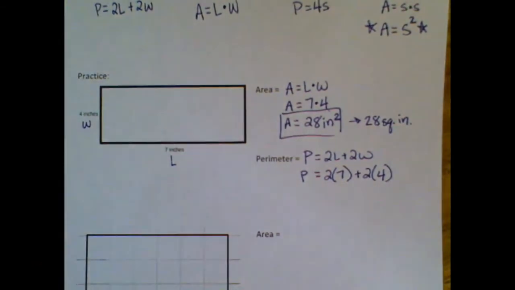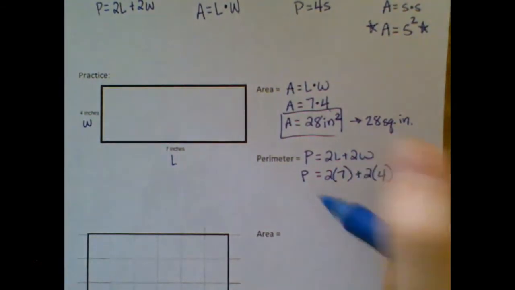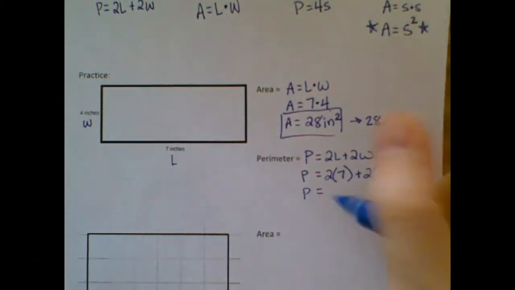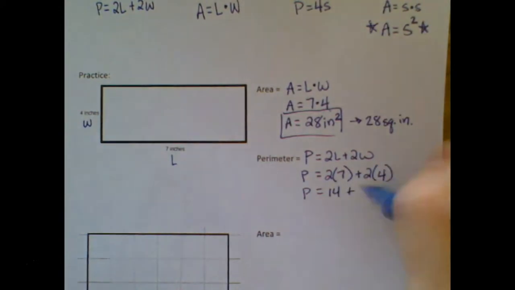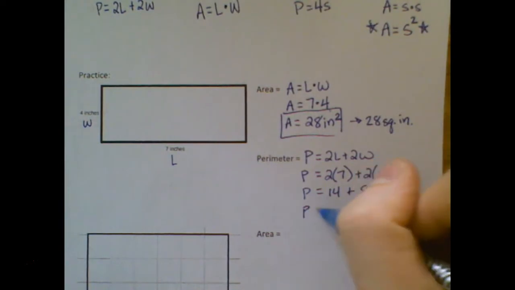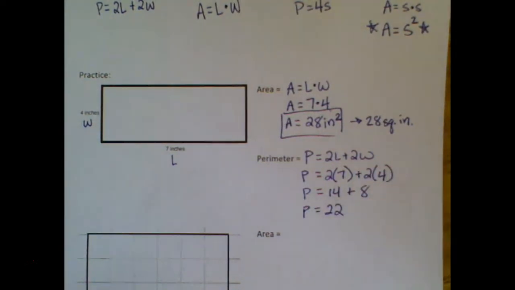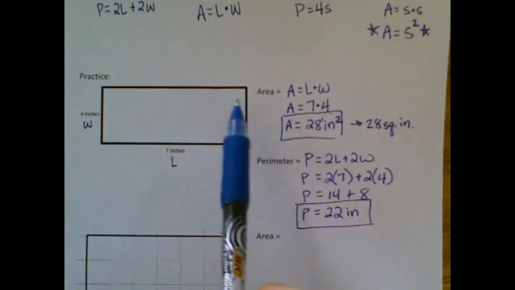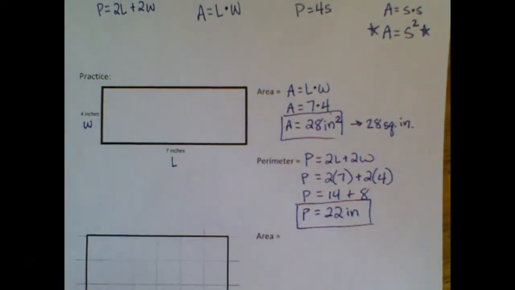And our next step is we just need to go ahead and solve. You could do this in one move. I'm going to show it that way you can see both of them. 2 times 7 is 14, plus 2 times 4, which is 8. 14 plus 8 gives us 22. And remember, it is just a straight up measurement. No squared, no nothing. Because when you measure, you're just going one measurement all the way across.